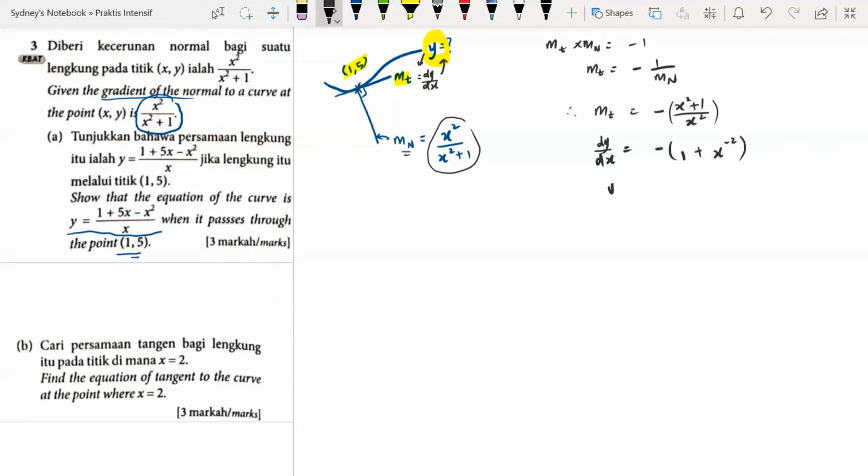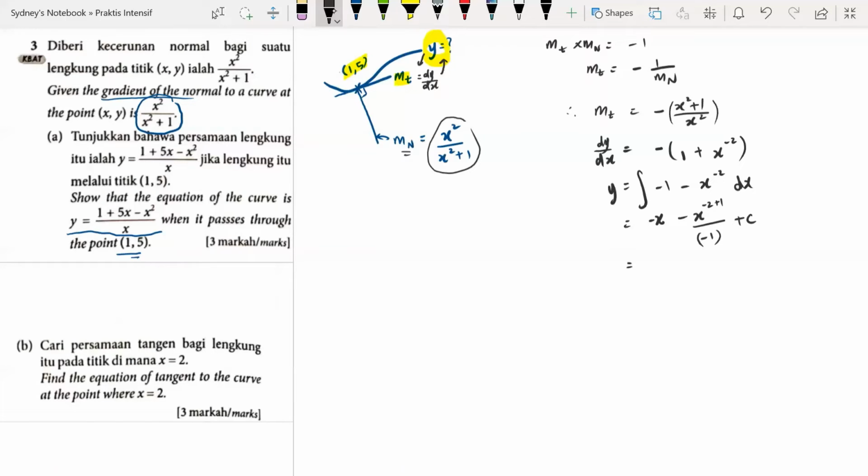So y will be the integration of -1 minus x to the power of -2. And then let's integrate it. We have -x, minus x: increase the power by 1, divide by the new power, which is -1, plus c.